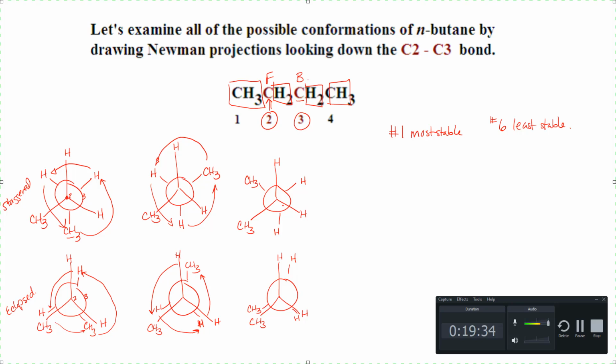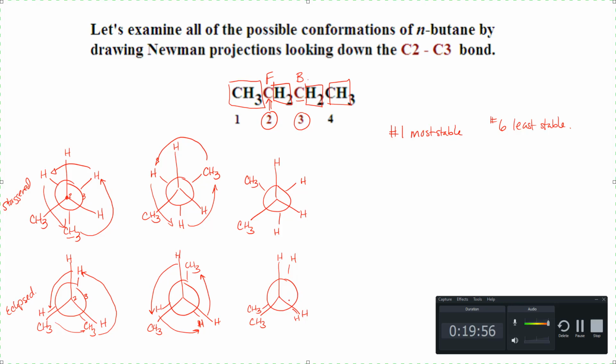Okay, rule number 1. All three staggered are always more stable than all three eclipsed. So if I'm labeling these most to least stable, 1, 2, and 3 will come from the staggered. 4, 5, and 6 will come from the eclipsed.